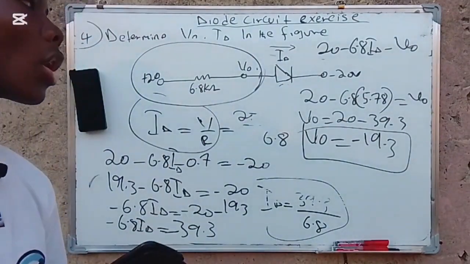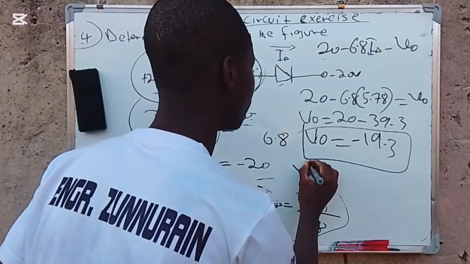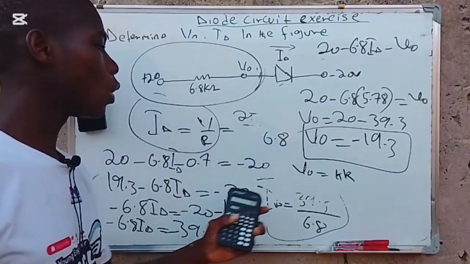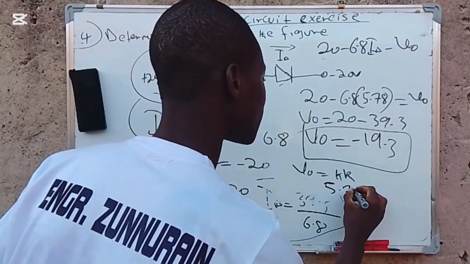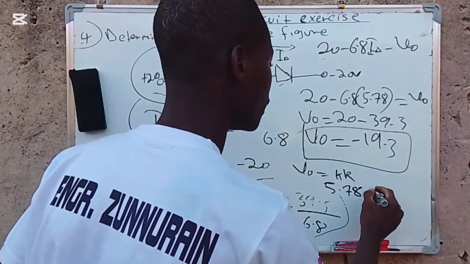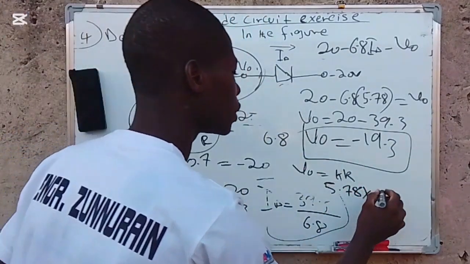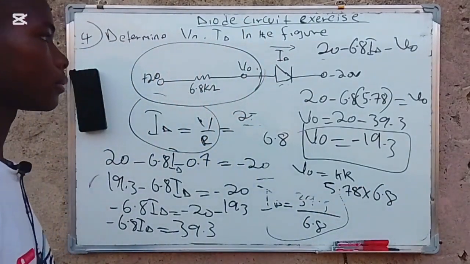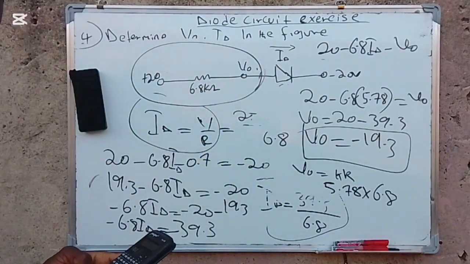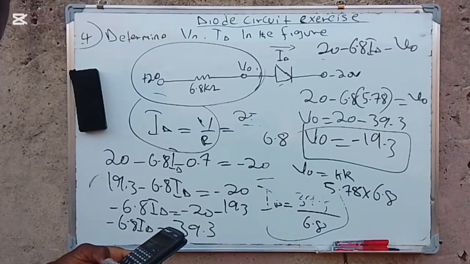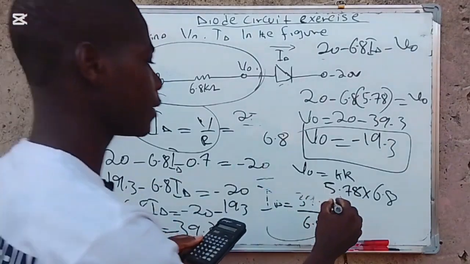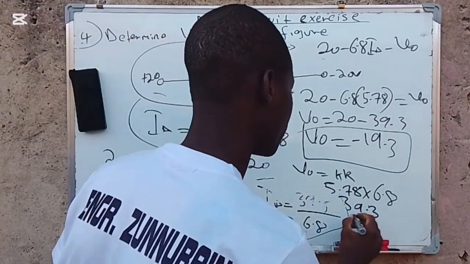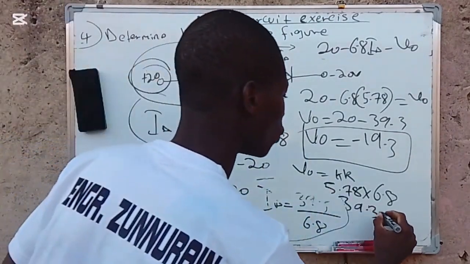So if I am to use V naught, it is equal to IR as usual. What is the value of I? The value of I is 5.78. So if I multiply by the resistance, which is 6.8, 5.78 multiplied by 6.8 is 39.3, and therefore subtract this 20 voltage.